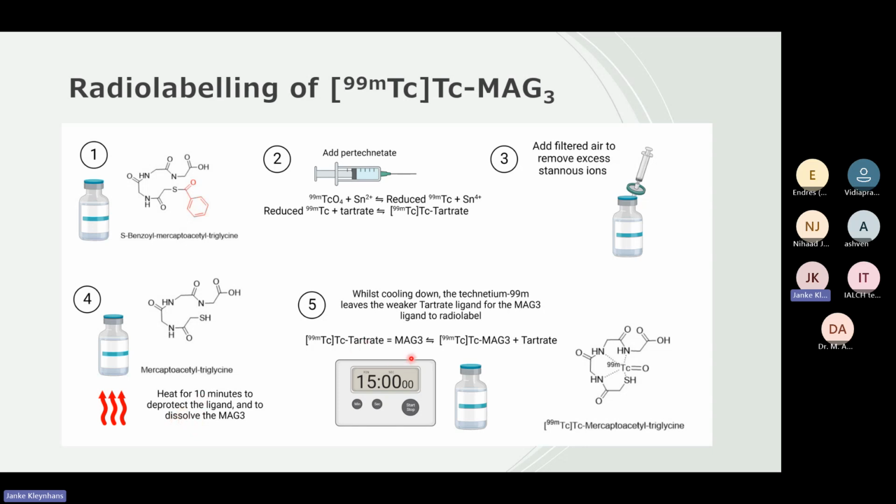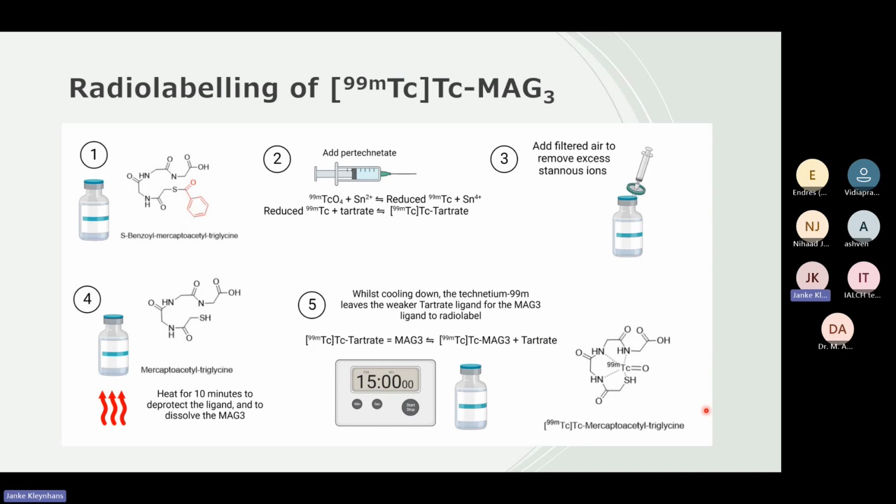You will have some technetium tartrate left in your mixture. And then it's important to also allow for 15 minutes cooling down, because if you take your QC sample earlier, it will not be of good radiochemical yield because this reaction hasn't completely formed yet. And in the end, you have this technetium mag-free.